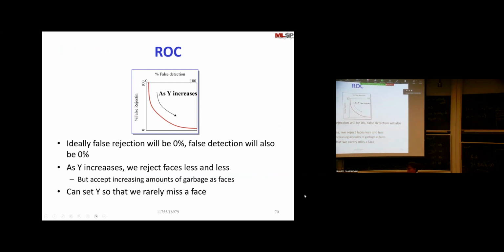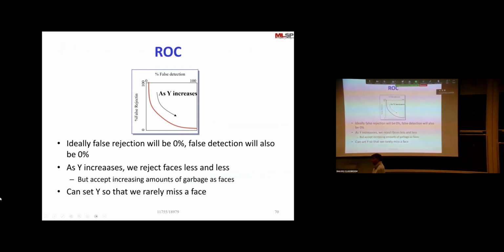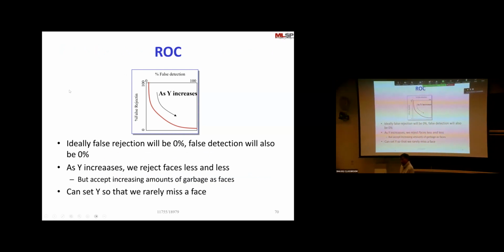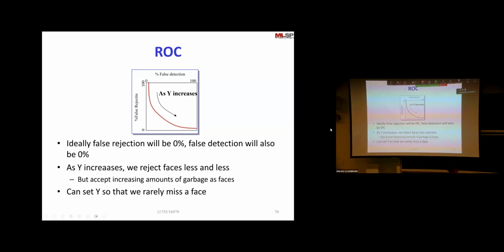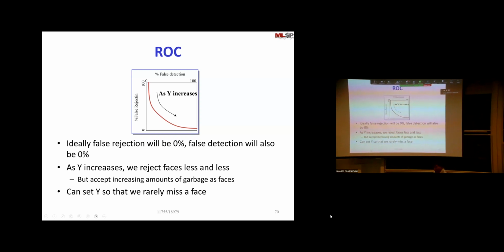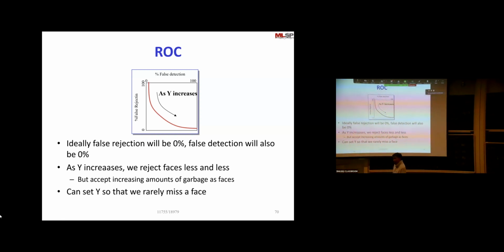There's a false acceptance rate. What fraction of things that are being called faces are not faces, right? So when you reject something, what fraction of the things rejected are faces? That should be 0. It was rejected, but it was a face. Similarly, you accepted it, but it was not a face. That's false acceptance, right? You want that also to be 0. So at any threshold, you're going to get some trade-off between false acceptance and false rejection.